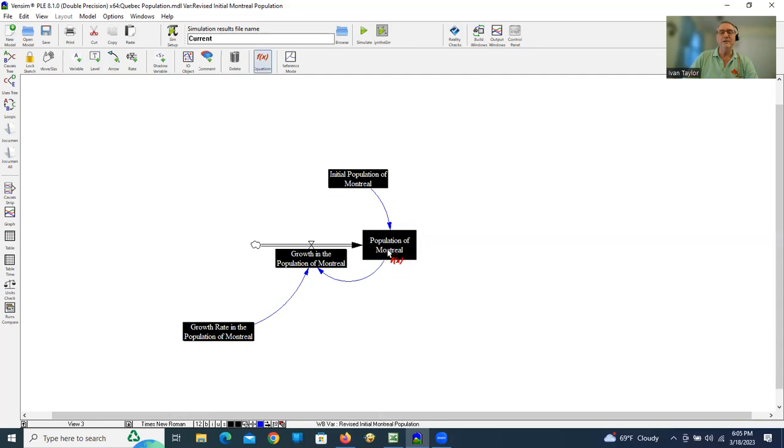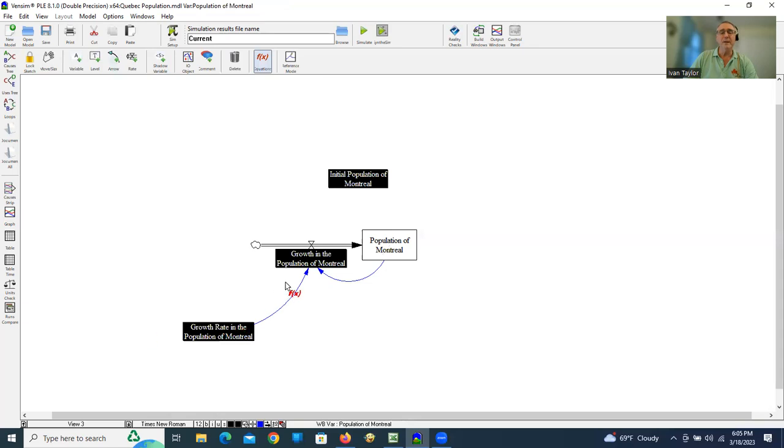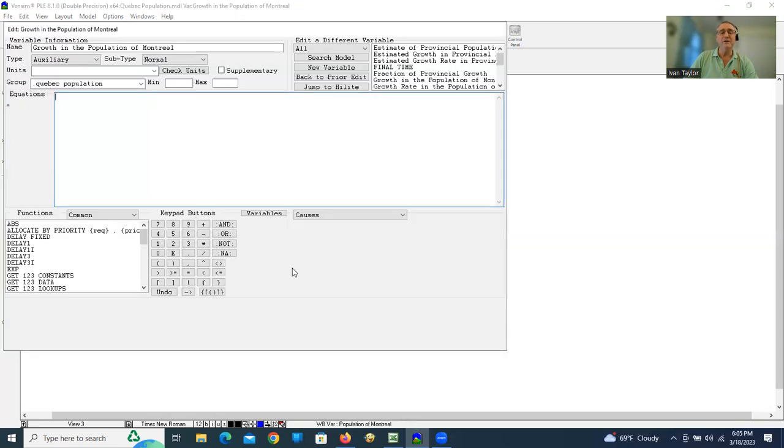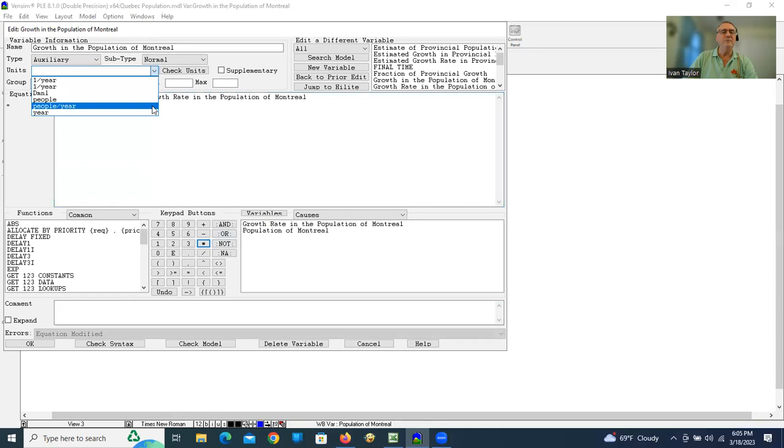The first formula I'll put in is I'll specify the initial population of Montreal in the stock of the population of Montreal, and I'll make the units people. And then I will specify the growth in the population of Montreal as the population in Montreal times the growth rate in the population. And that will be in people per year.